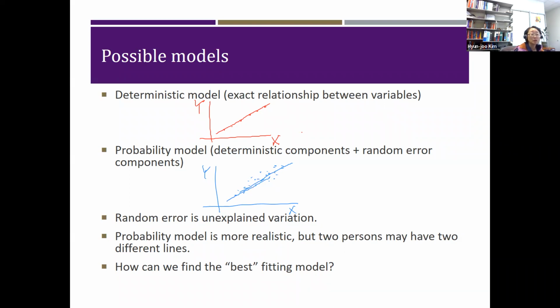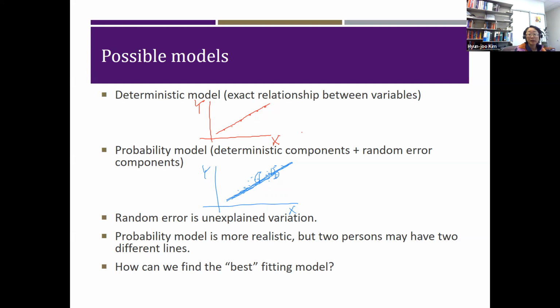In other words, you can describe the relationship between X and Y as having a deterministic component, some trend, and then there are also some random errors. So it's not exactly on the line, but there are some random errors going on. So it's a probability model.